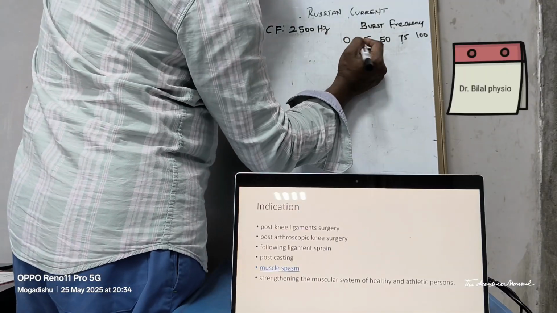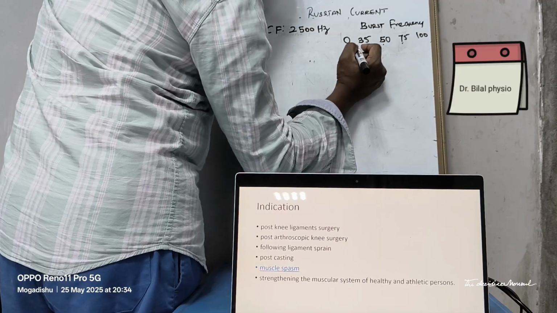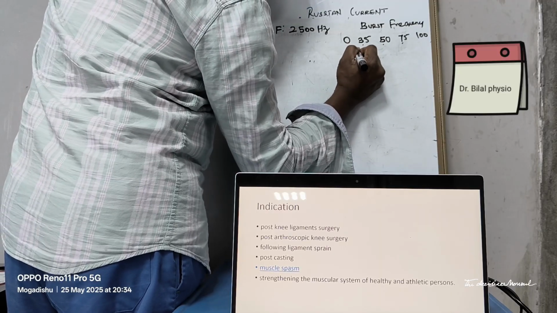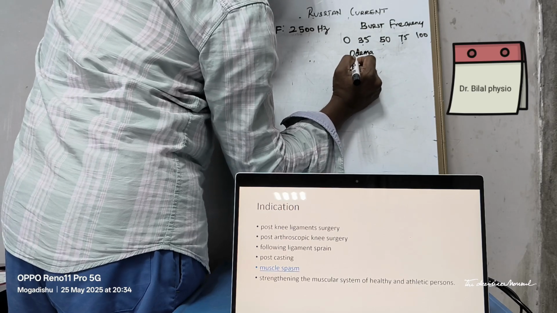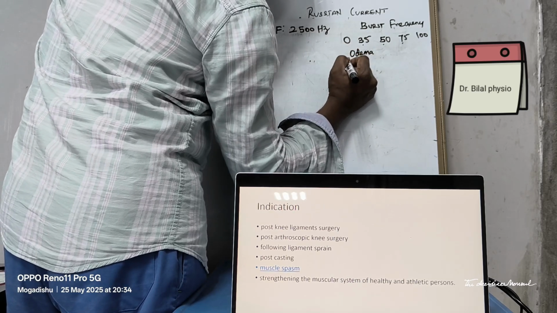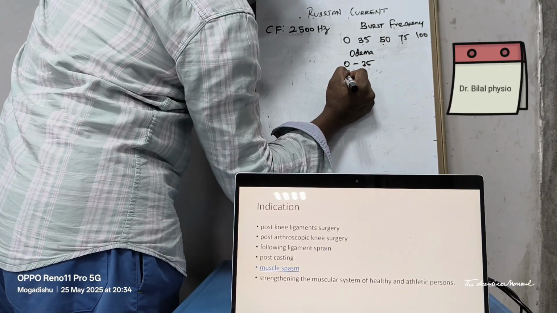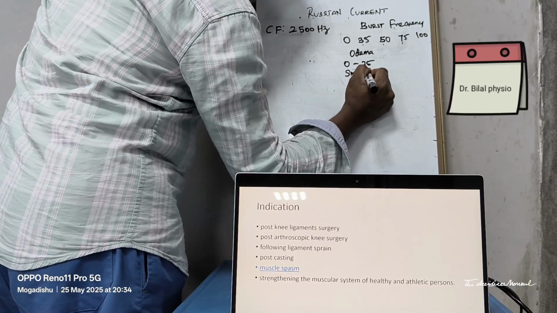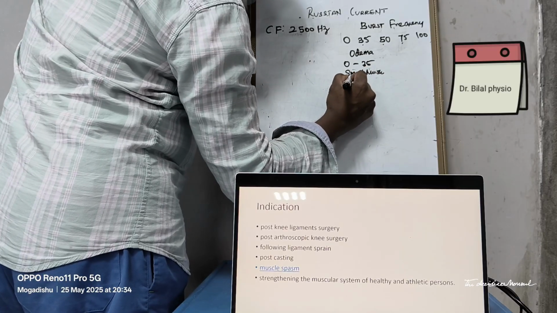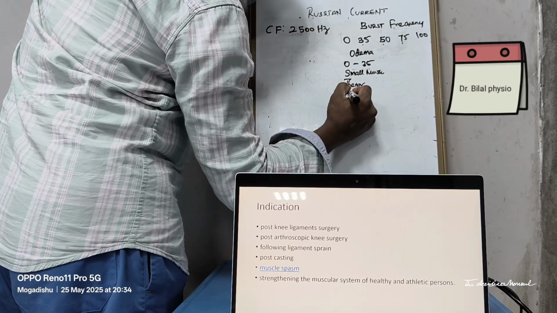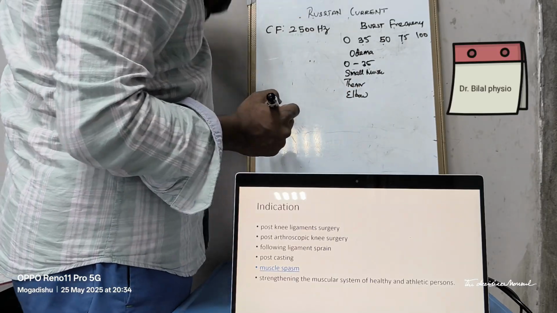I use 35 Hz burst frequency in case of edema or smaller muscles to stimulate, so I choose 0 to 35 Hz for smaller muscles like the thenar or elbow muscles like the elbow flexors.